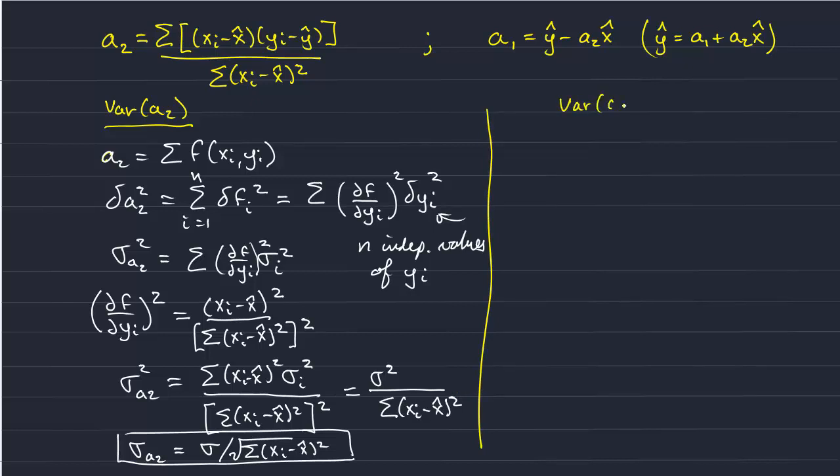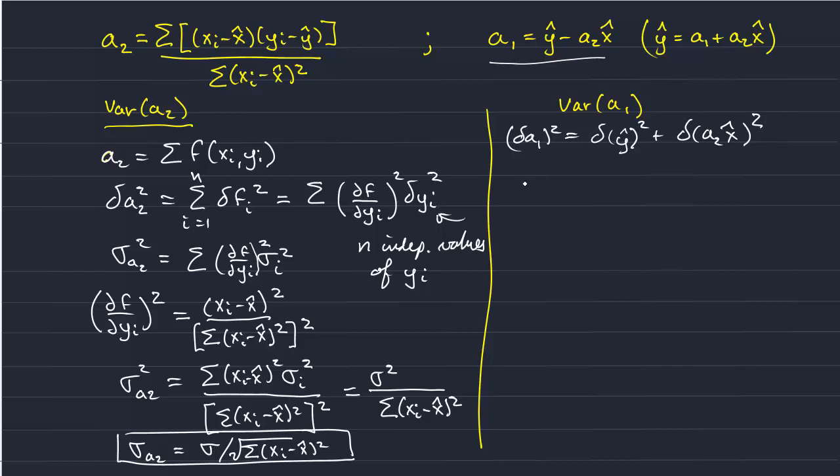Now let's talk about the variance of the intercept. So this is our equation for the intercept, and we know that the uncertainty in A1 squared is equal to, by using the rule of sums for errors, the uncertainty of the mean y value squared plus the uncertainty of A2 times x hat squared.